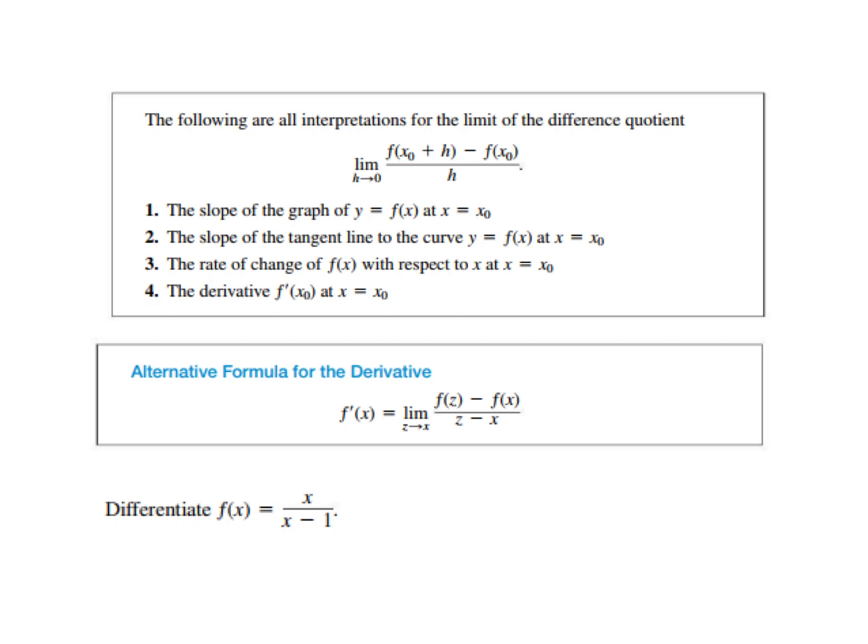This is a formula that people use if you would rather have 2 points rather than having your points be x and x plus h as your x values. In this particular case, they have 2 different points, one being x and one being z.